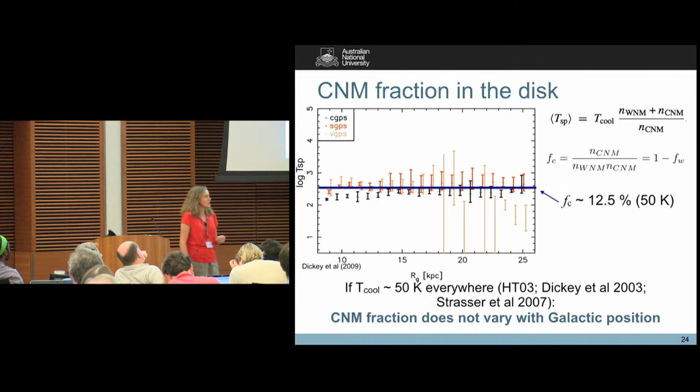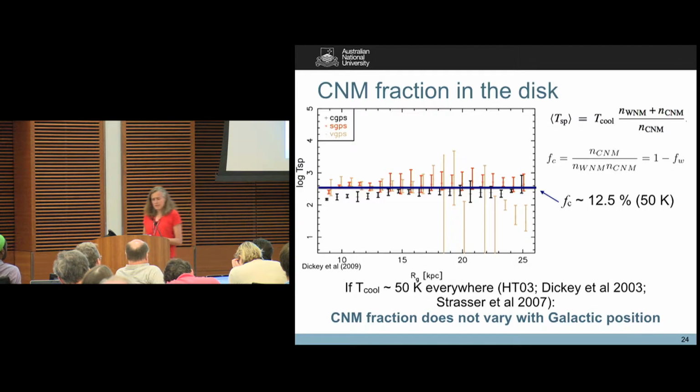So if the temperature of the cool clouds is constant as we move through the disk, then the cold neutral medium fraction is constant. So it appears the cold neutral medium fraction doesn't vary with galactic position. And that's a bit puzzling, I think. That's something we need to think a lot more about.